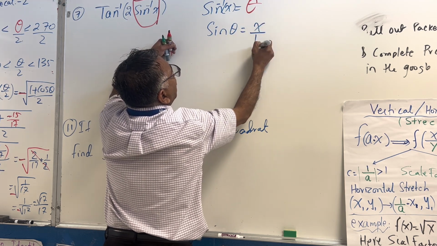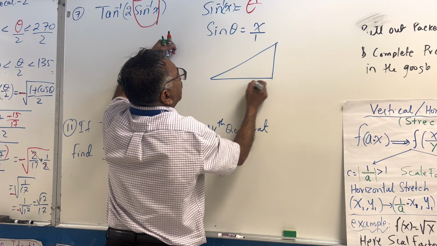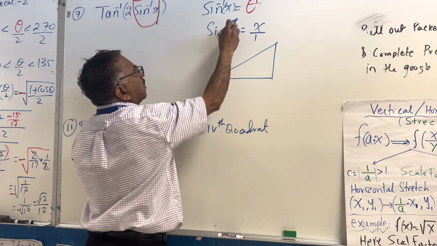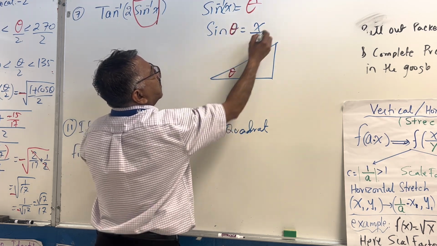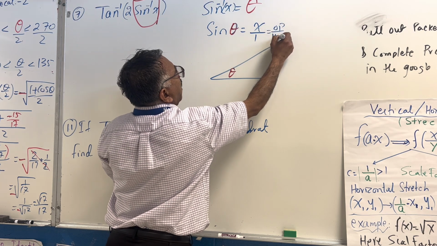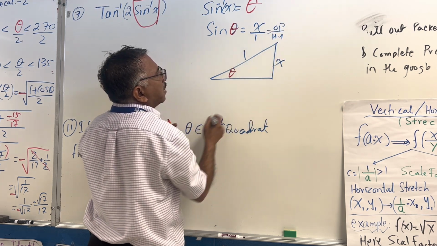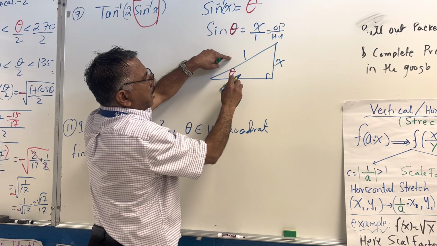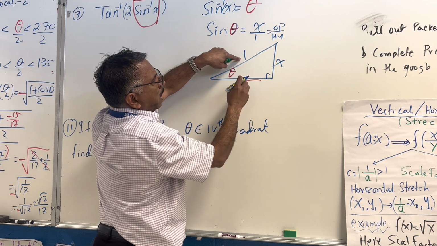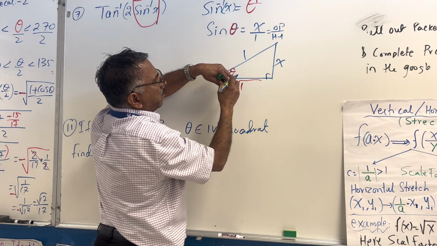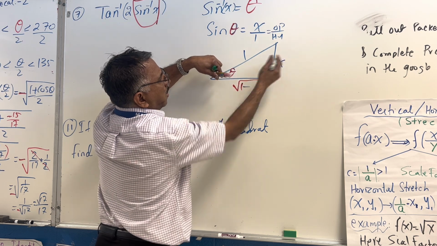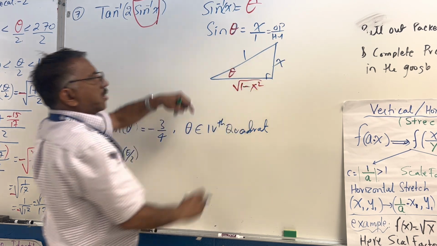And x means x divided by 1. So if I draw a triangle with angle theta, the opposite over hypotenuse is x over 1. And you can use the Pythagorean identity: the adjacent side squared is 1 minus x squared.